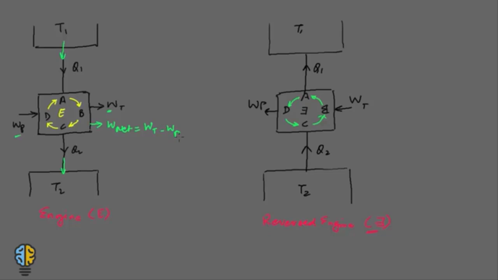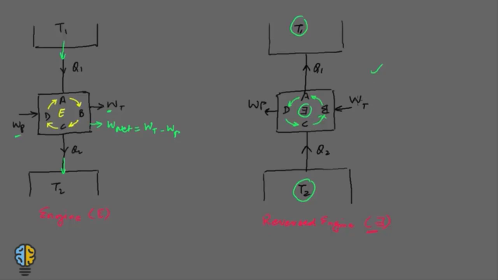But if you look at the reversed heat engine, you are absorbing heat from the low temperature energy reservoir and rejecting heat at the high temperature reservoir.